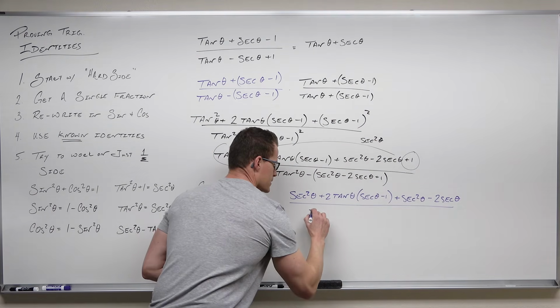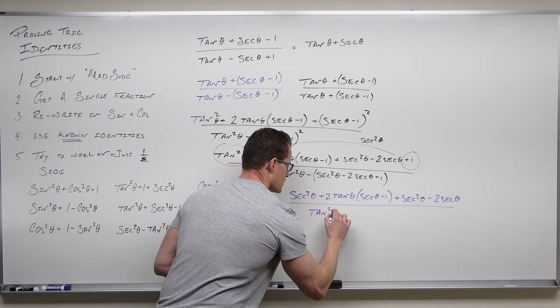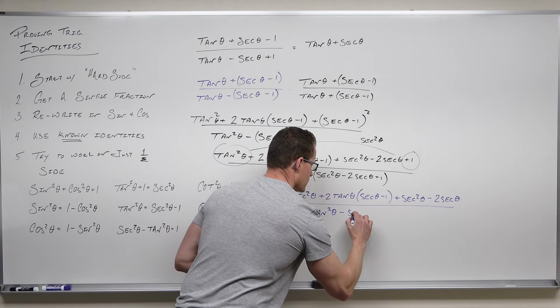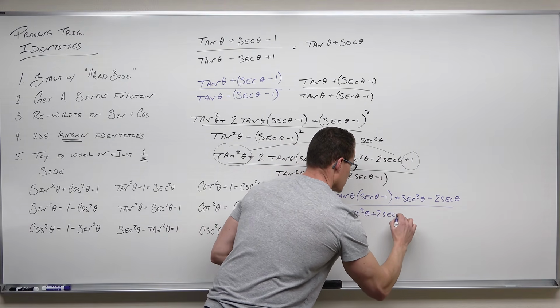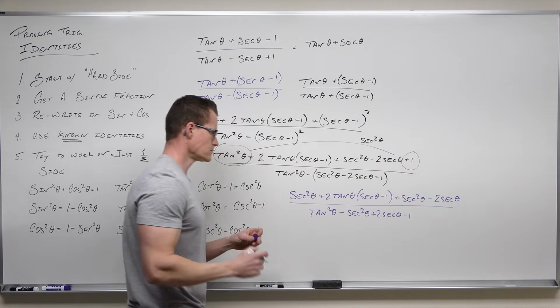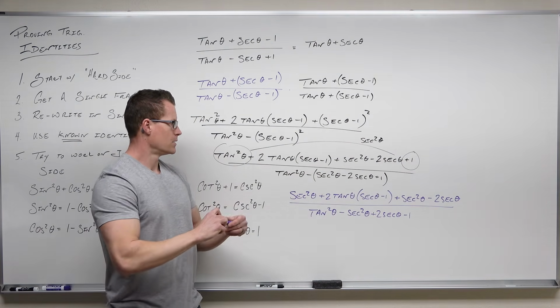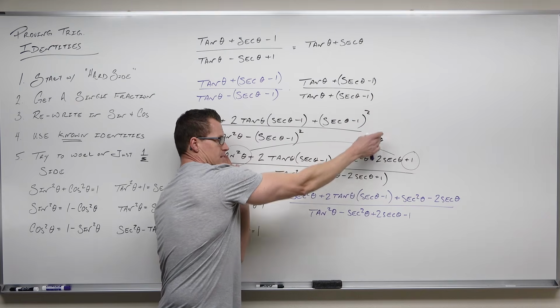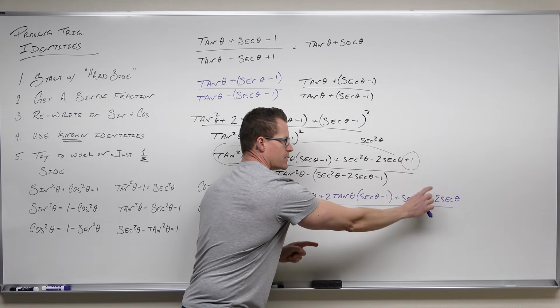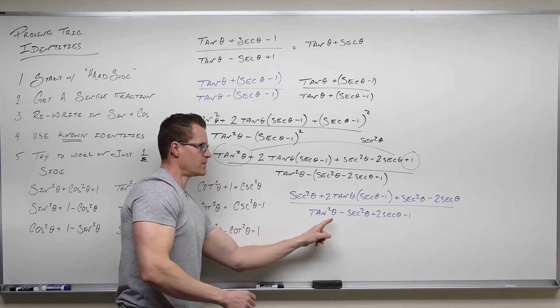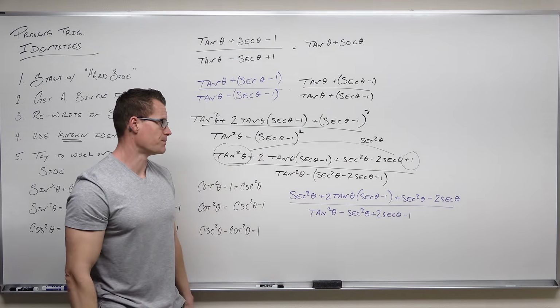Here I'm going to change signs. So I've combined. This is secant squared theta. I have the same thing here, same thing here, same thing here. I've gone ahead and changed my signs by subtracting term by term.